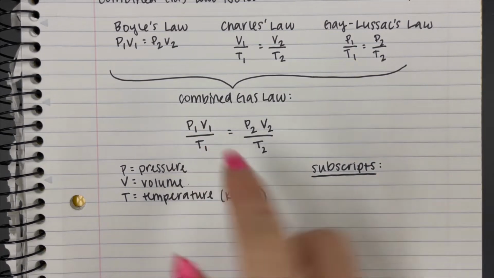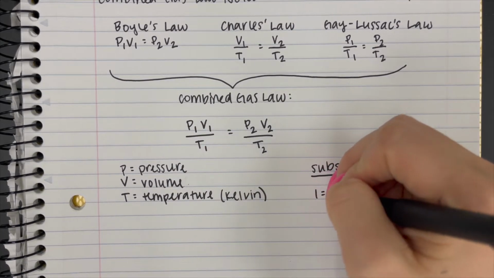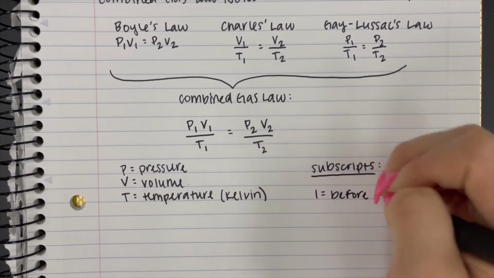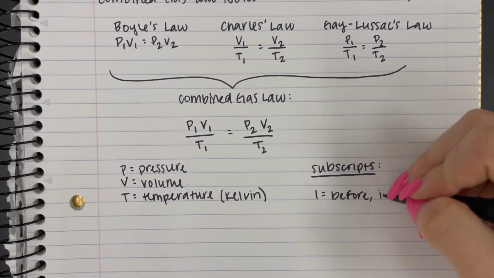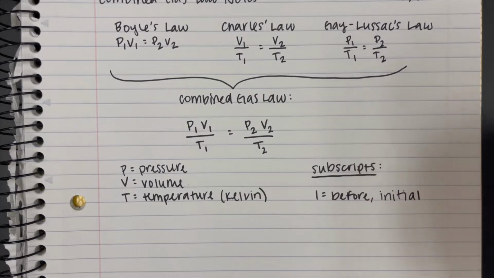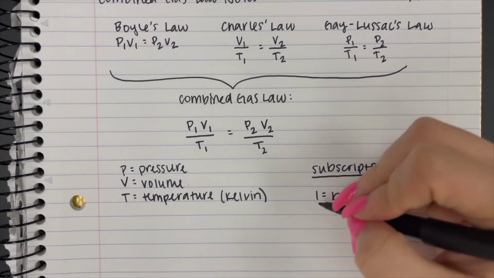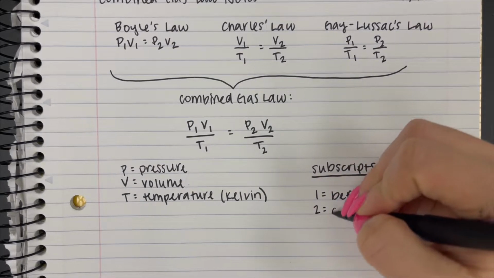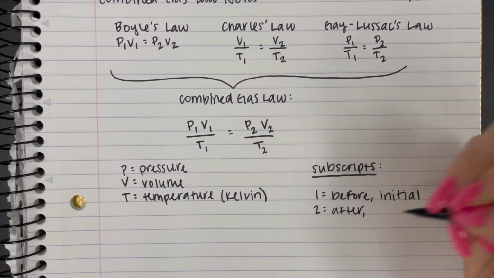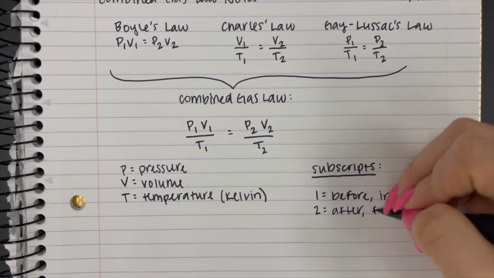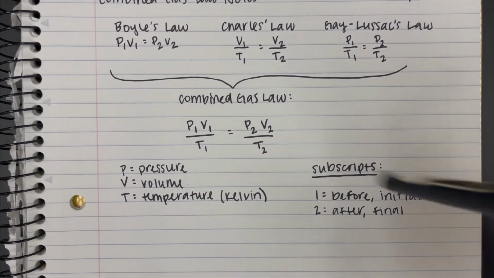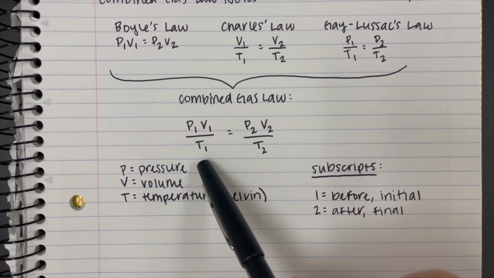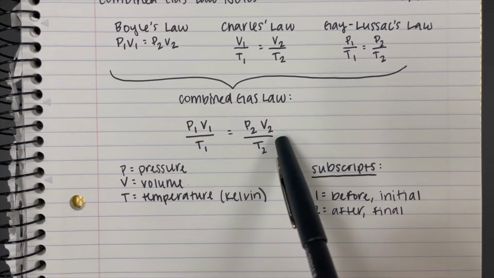The subscript of 1 is the measurements of your gas before a change occurs, or you might also see it as the initial measurements. And the subscript of 2 is the measurements after a change occurs, or your final measurements. So think about the left side of your equation as your before, and this is your after.